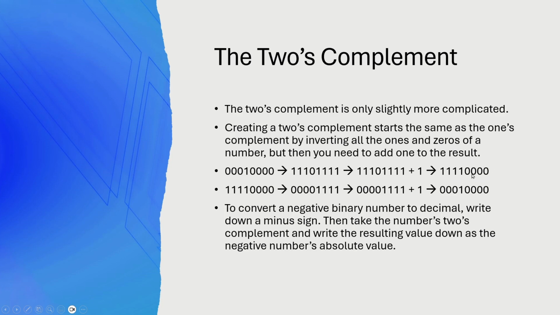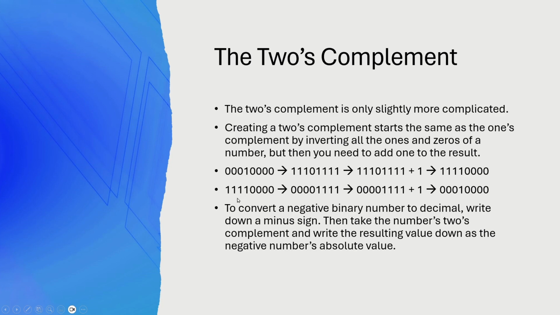And this number in two's complement represents the number negative 16. You see the difference between this number and the previous number that we looked at on the previous slide. This number ends with 5 zeros, whereas before the number ended with 4 ones.